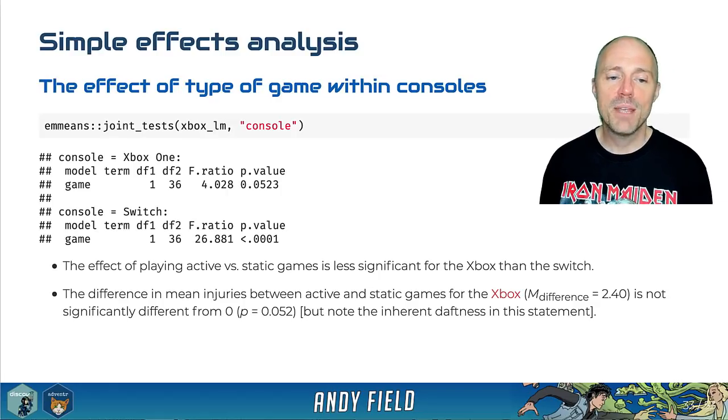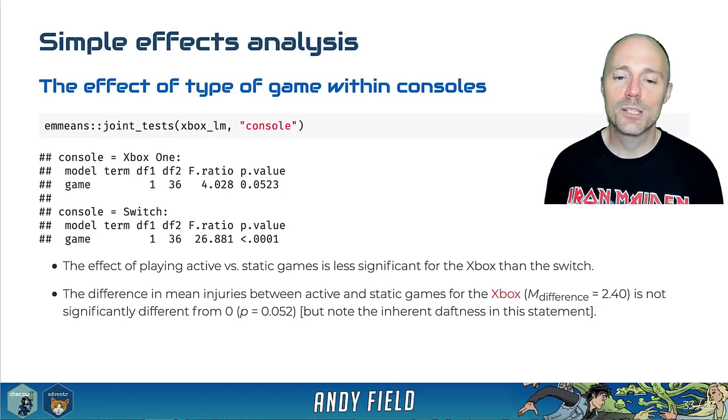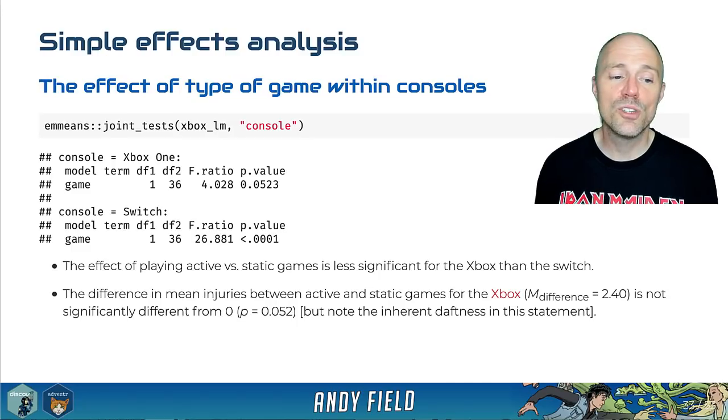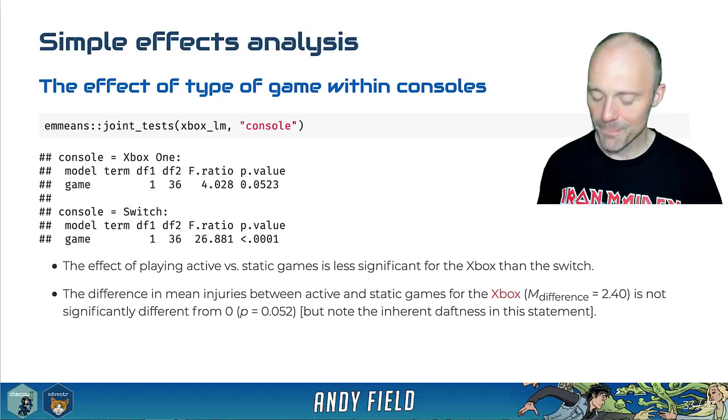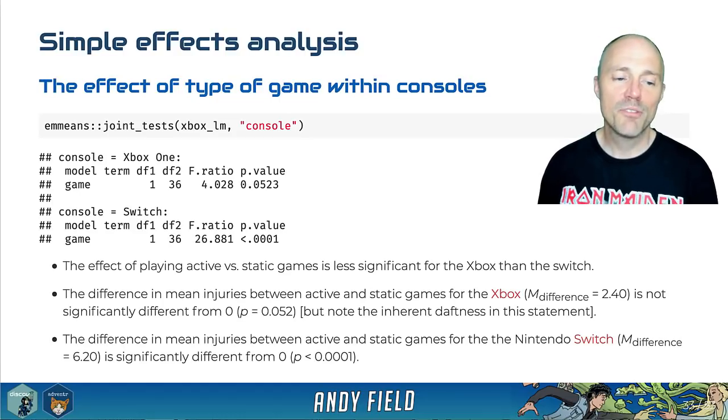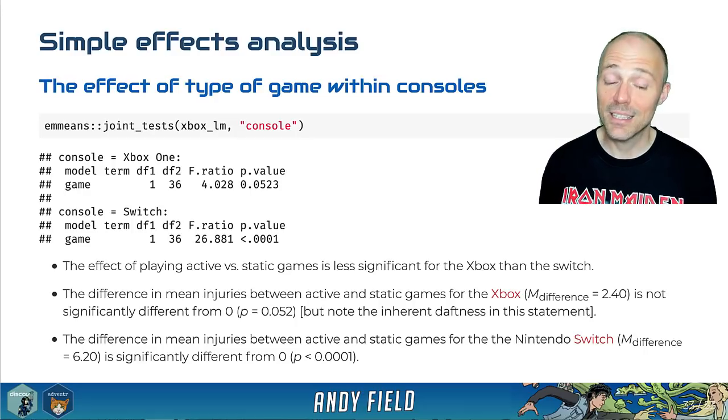So the difference in mean injuries between active and static games for the Xbox, and that difference was 2.4, is not significantly different from 0. Although, like I said, that's inherently a slightly daft statement because the whole 0.05 cutoff is fairly arbitrary. The difference in the mean injuries between active and static games for the Nintendo Switch is significantly different from 0.